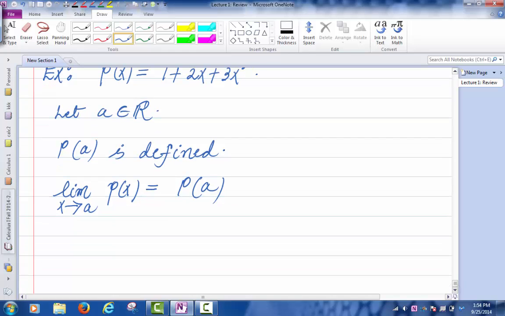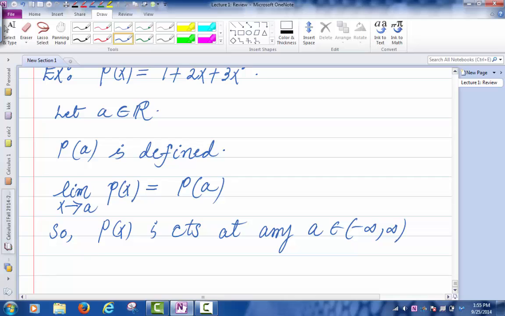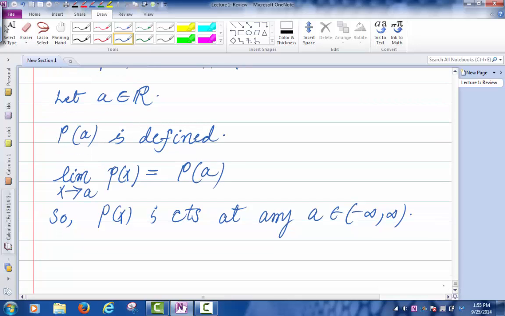So that tells you that p of x is continuous at any real number a. So that means I can say that p of x is continuous on the entire real line.